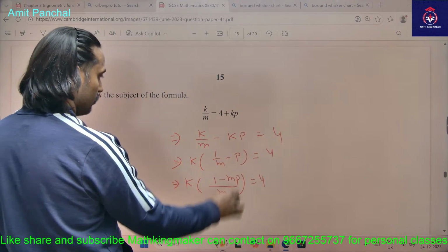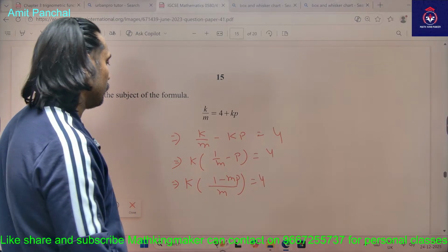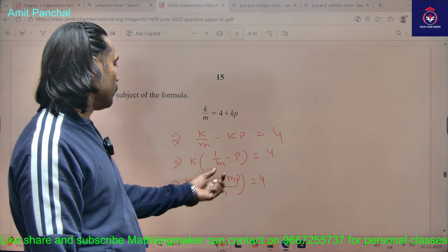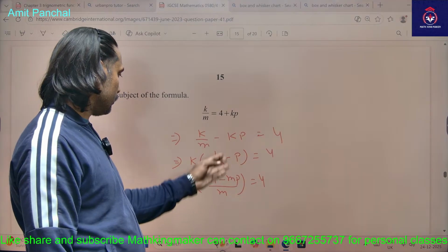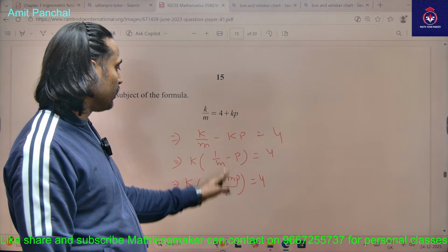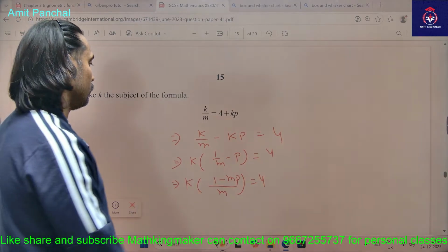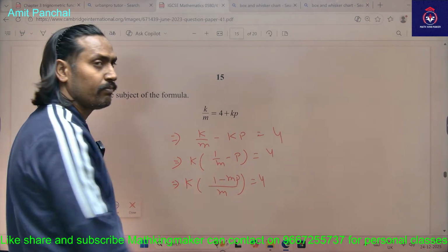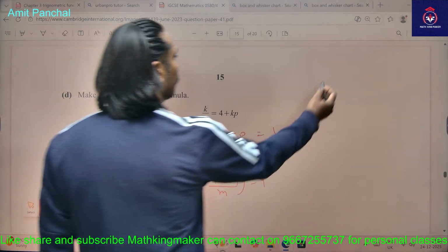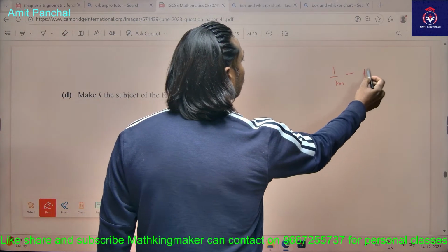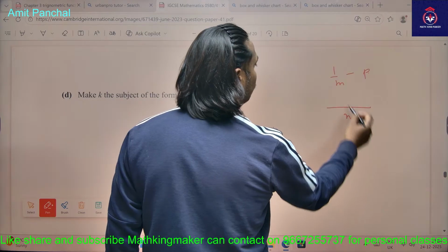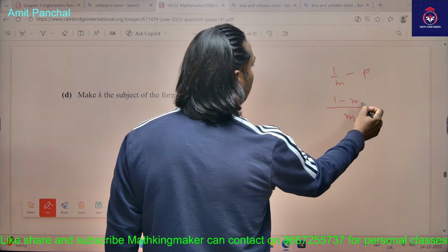Wait, how did you get 1 minus MP? I just multiplied M in the numerator and denominator of both terms, to get rid of this M in 1 by M. I just take the LCM as M, 1 minus MP.